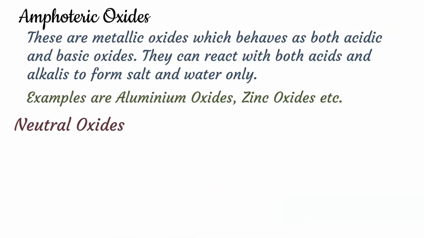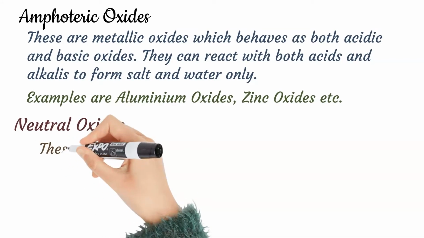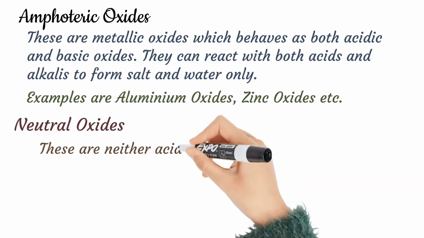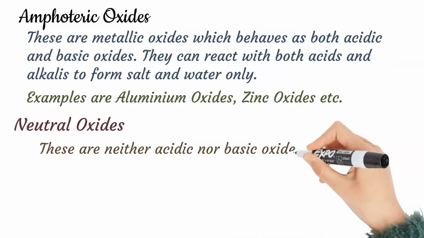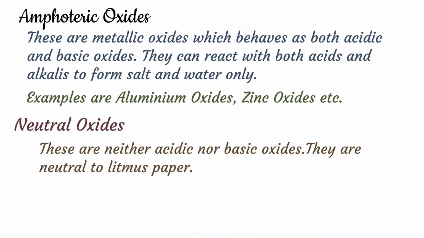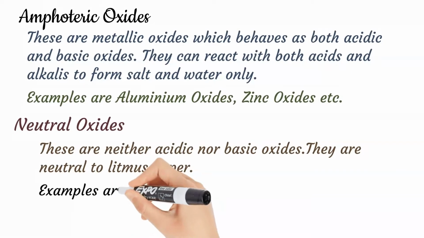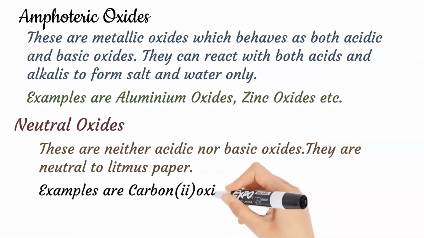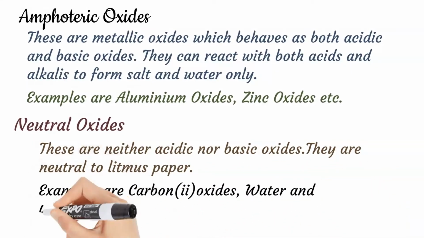Neutral oxides are neither acidic nor basic oxides. They are neutral to litmus paper. Examples, we have carbon 2 oxide, water, and dinitrogen 1 oxide.